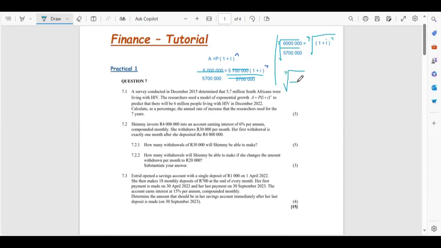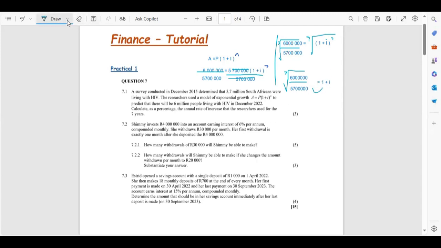Right, let me just write this down. So it's basically 6 million, all divided by 5.7 million. Right, and this is equals to what? This is all equals to 1 plus your I. Now, I need to solve for my I, and the next step here, remember, we're removing everything up until we're left with this I. The next step is simply just transferring this 1 to the other side, right?